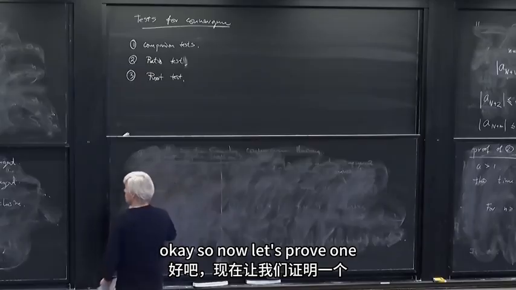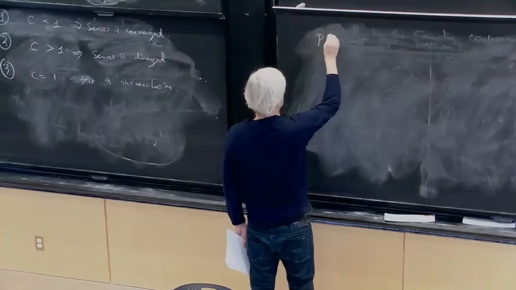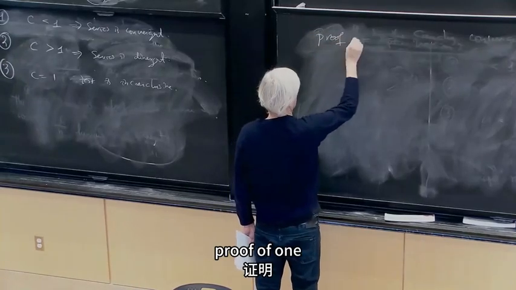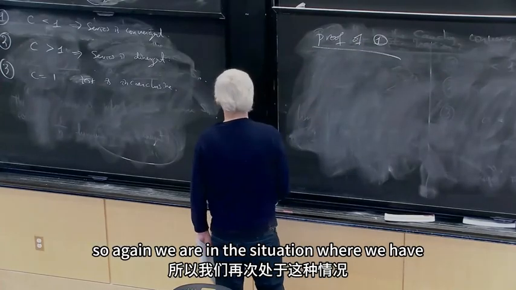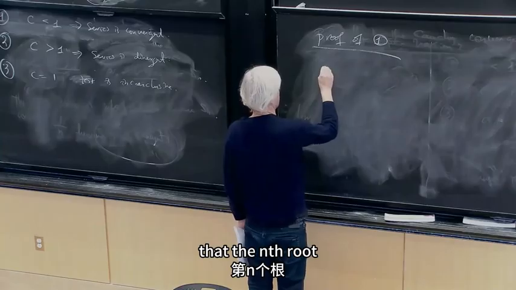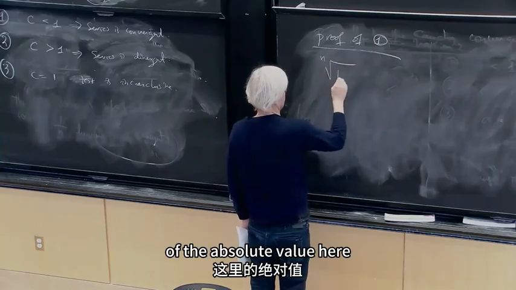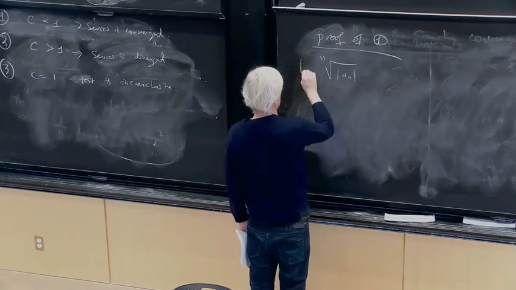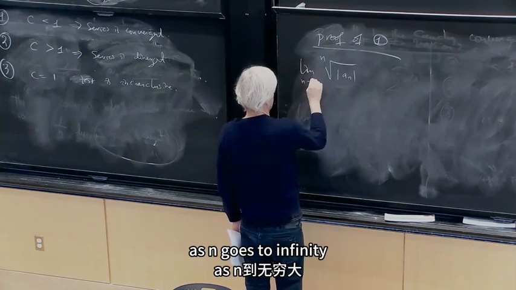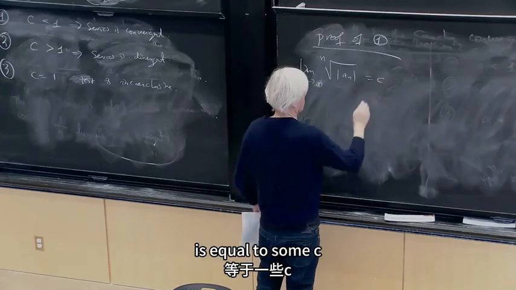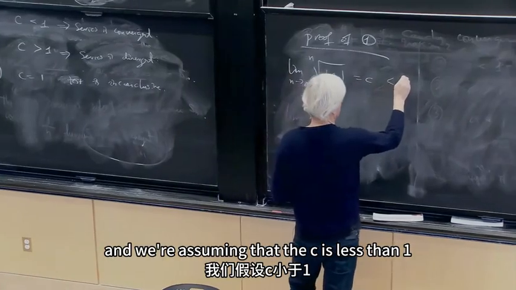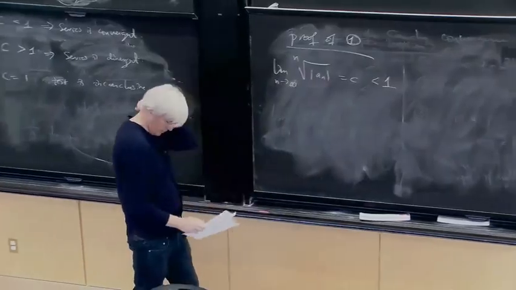Okay, so now let's prove 1. Proof of 1. So again, we are in a situation where the nth root of the absolute value of a_n, as n goes to infinity, is equal to some C, and we're assuming that C is less than 1. Right?